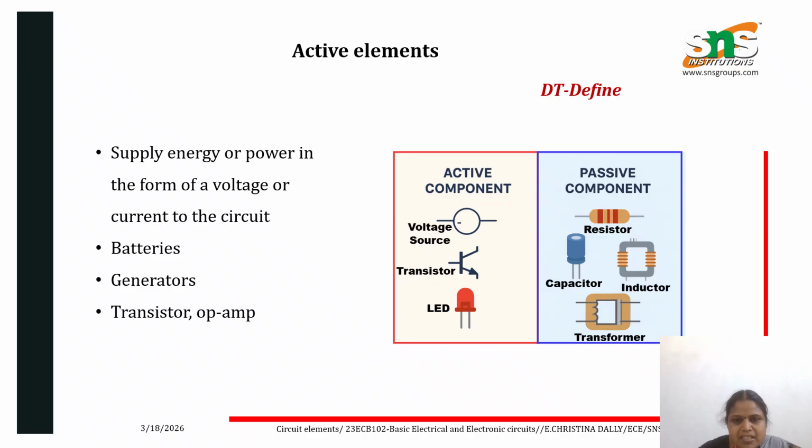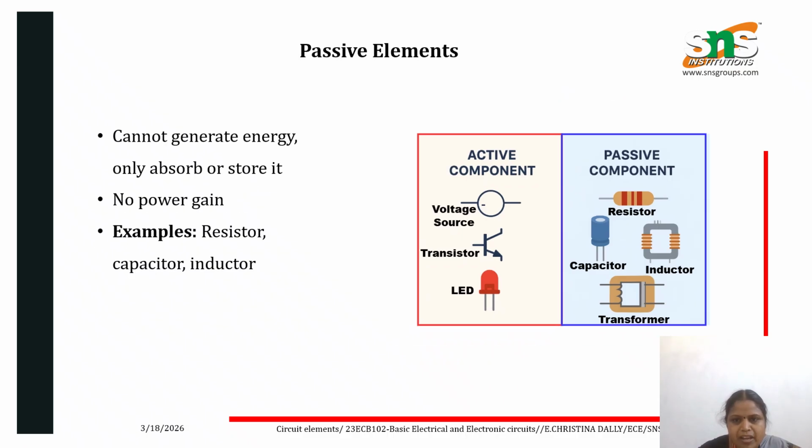These all come under the active components. Passive components are resistor, capacitor, inductors. Apart from that, we have batteries, generators, transistors or op amps. So these are the things we see in the active elements.